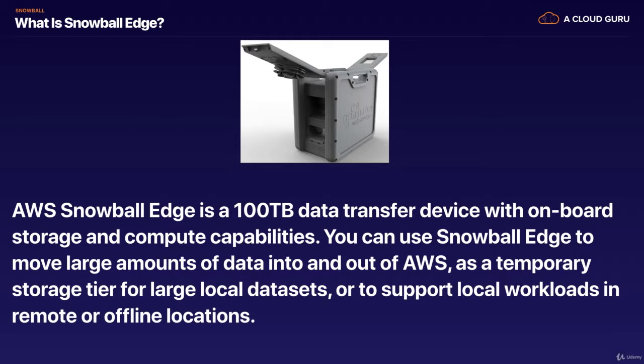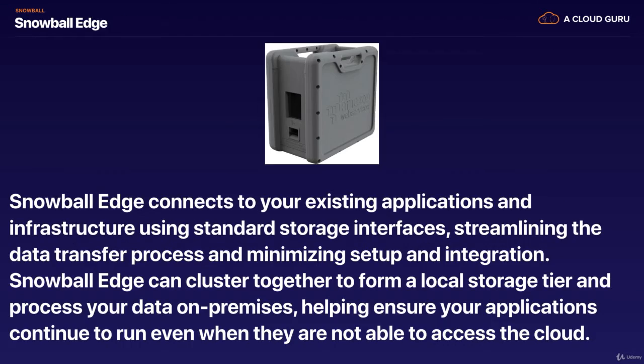To give you an idea, one of the major airlines does a lot of testing of their aircraft, and they actually have Snowball Edges in their aircraft. It's not just storing data inside the aircraft, it's also doing compute, running Lambda functions as well. So a Snowball Edge is kind of like having a mini AWS at your disposal.